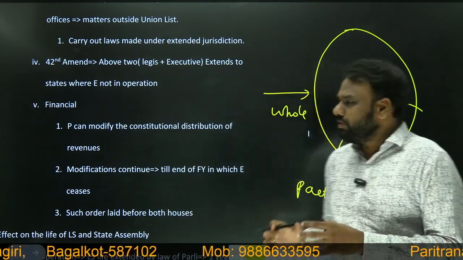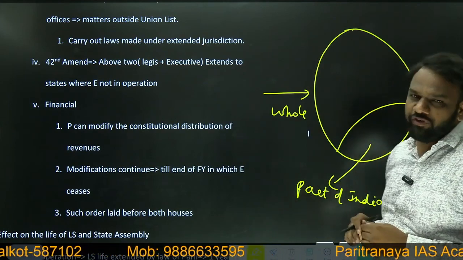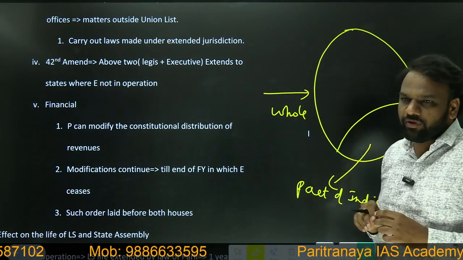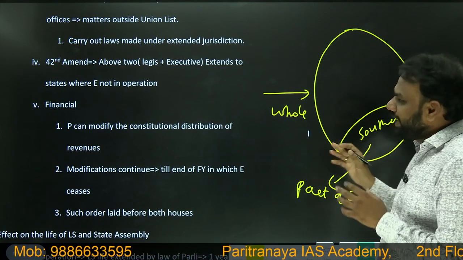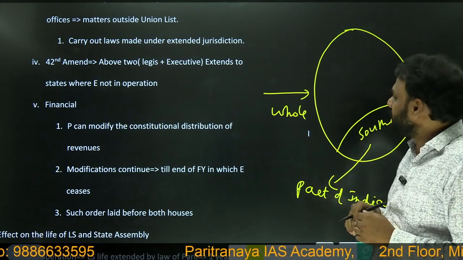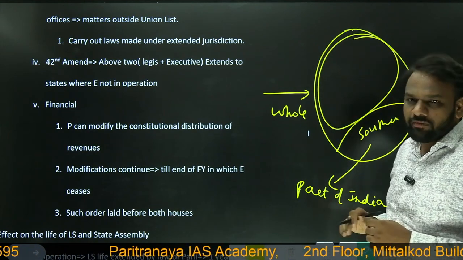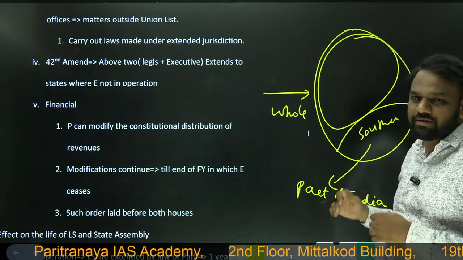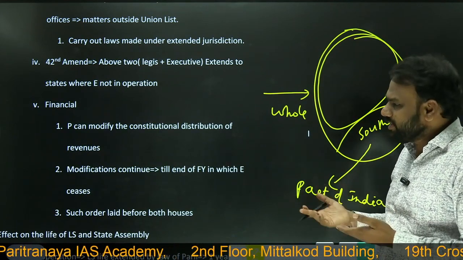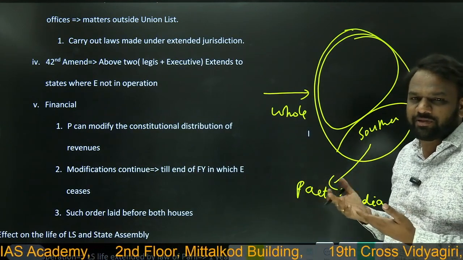So let us assume the President has declared an emergency which applies to some part of India, let us assume the southern part of India. How about the executive and legislative relationship between the center and this part? In the region where the emergency has been declared, obviously there will be a change in the executive and legislative relationship between center and states.